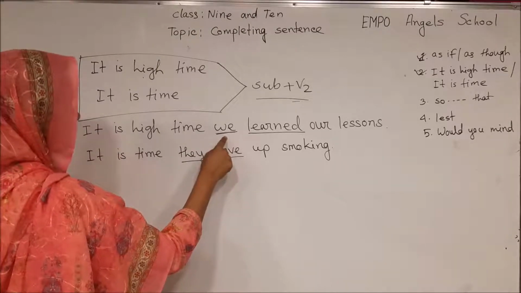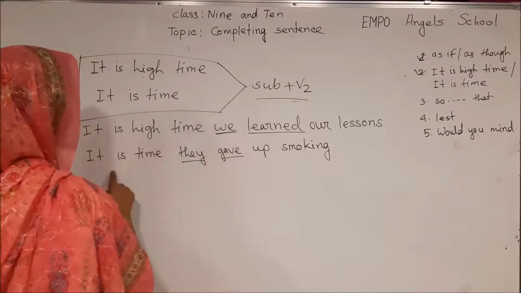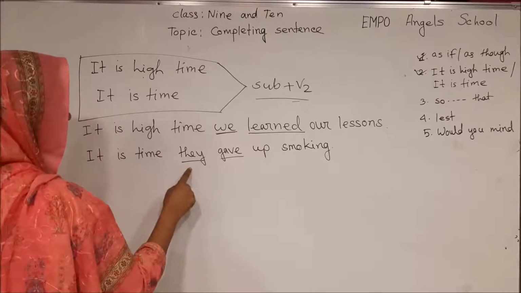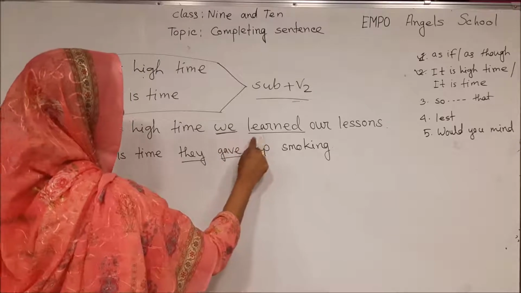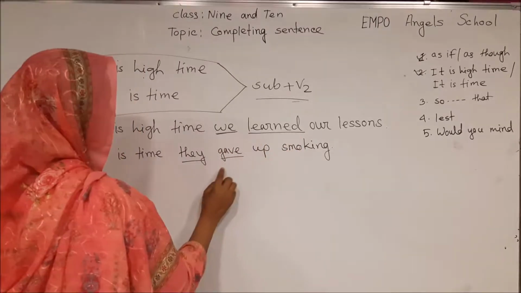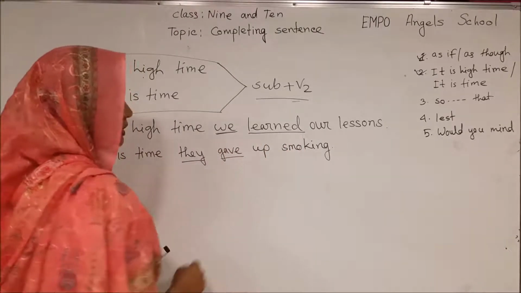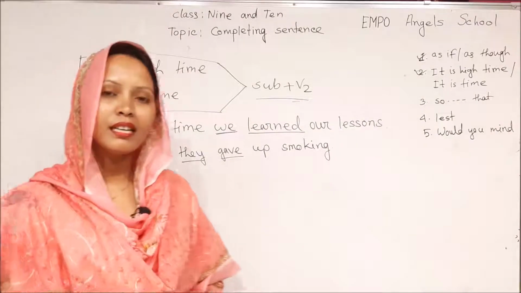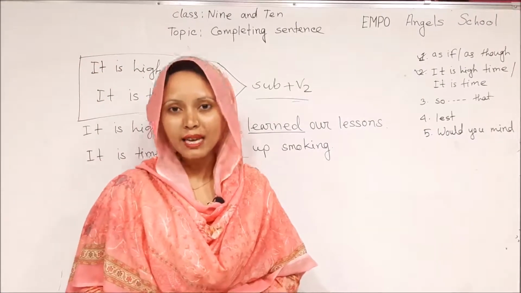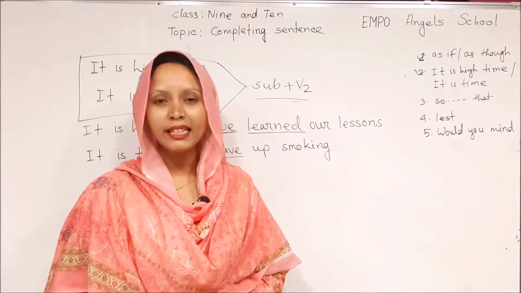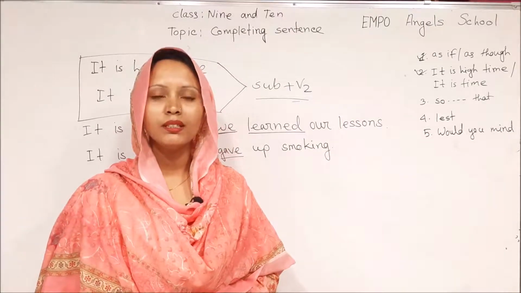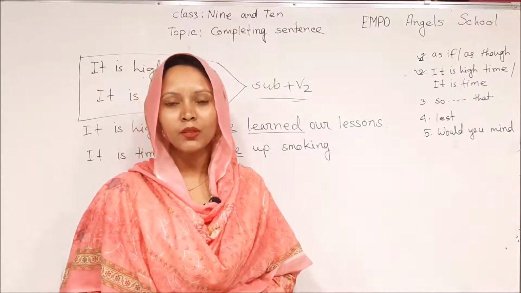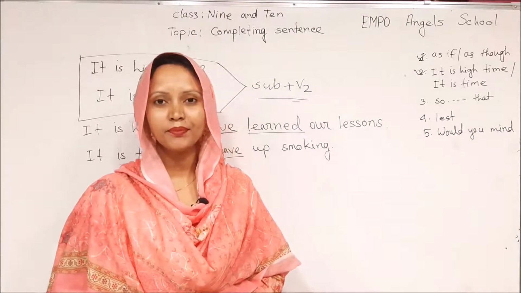In the first sentence we, and in the second sentence they. So we have chosen verb 2 learn and verb 2 give. Dear students, I repeat, if you have a subject after it is high time, then you have to write verb 2 to complete the sentence.